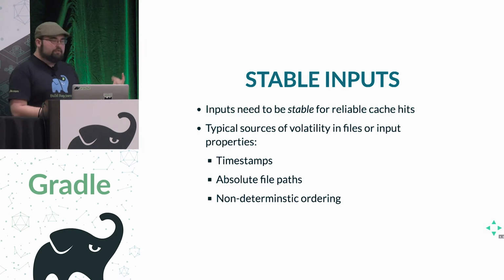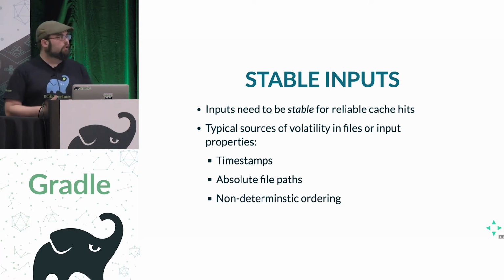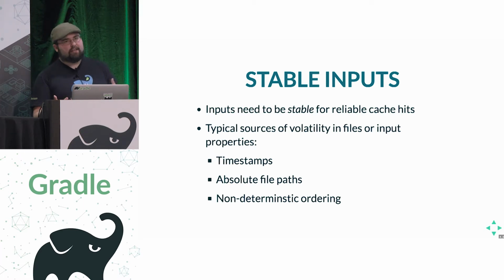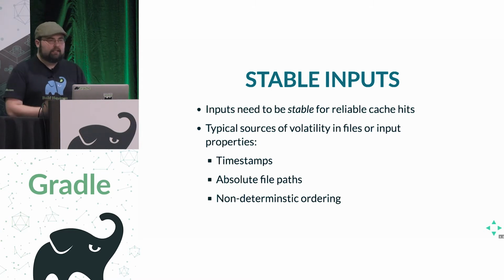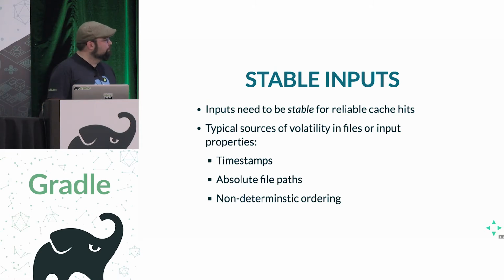But there are other sources of volatility for inputs to tasks, things like file paths. If the inputs to your task come from some other place, and that other task embeds absolute paths and things like that, then it makes it really hard to reuse the outputs or get reliable cache hits, because your inputs are path sensitive like that.